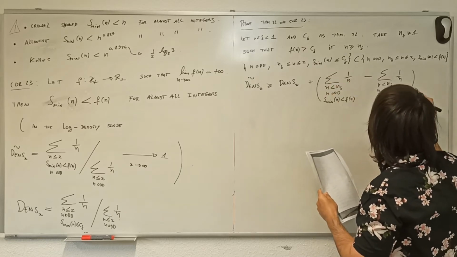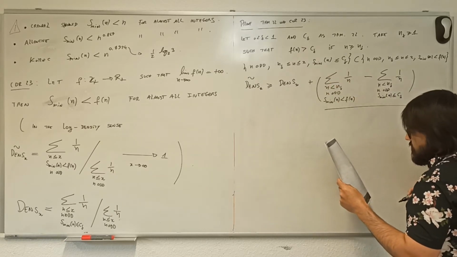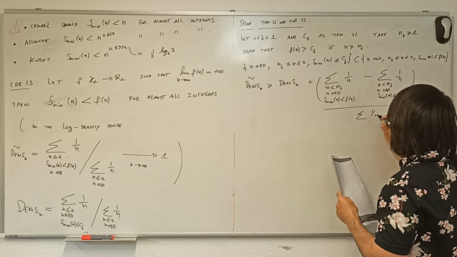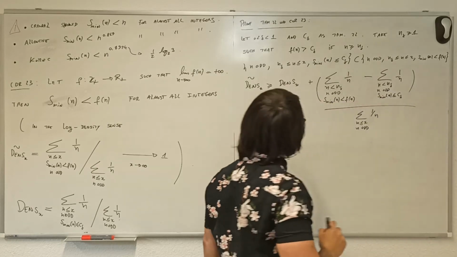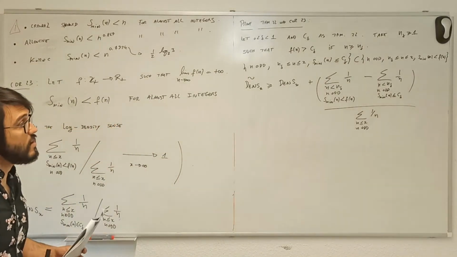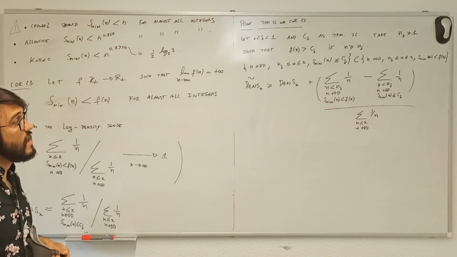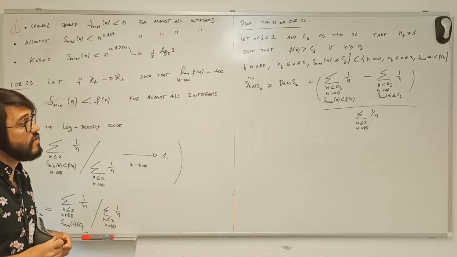So this whole thing divided by the sum of 1 over n, and let's say equal to x and odd. That's what we have. Okay, and this holds for every x greater or equal than n delta.